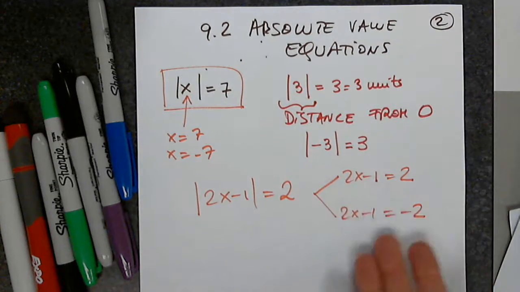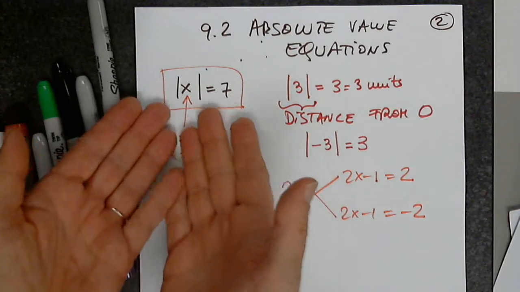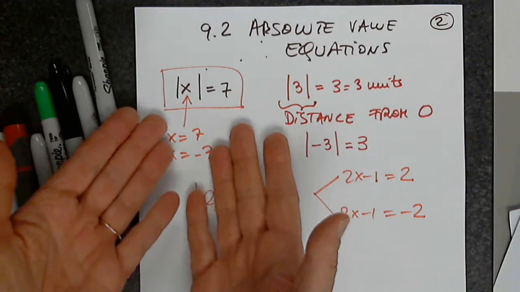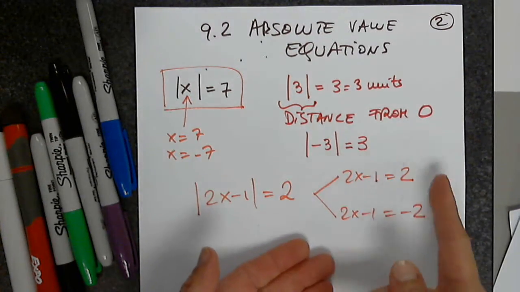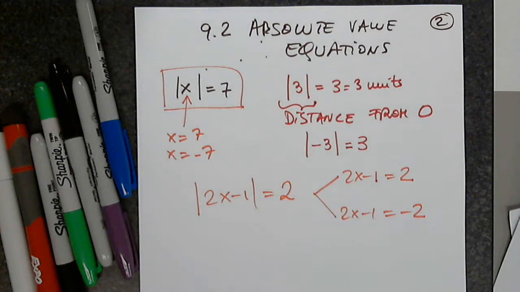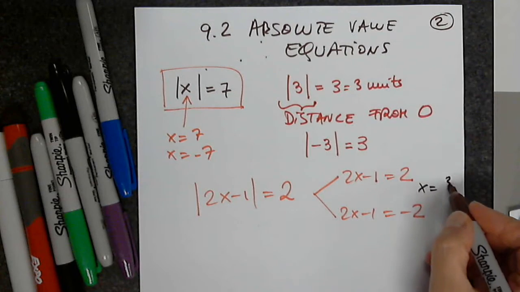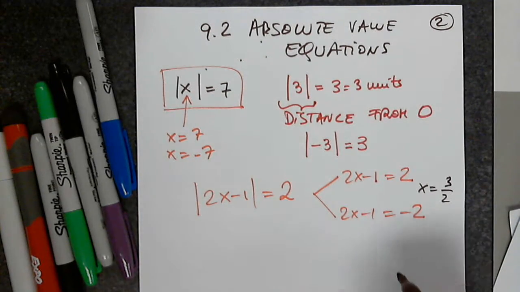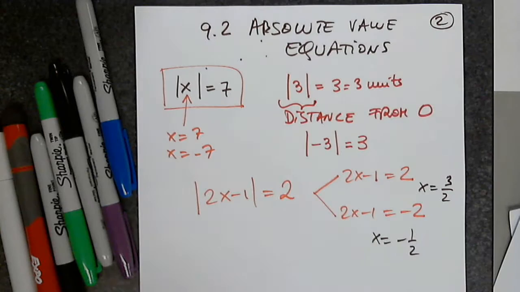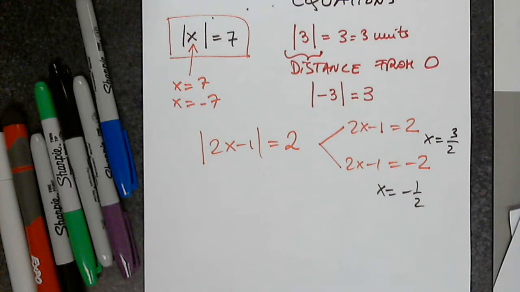As you notice, this is not done. Here it was, because it was one of the simplest possible absolute value equations, but here it is not done. I have to move 1 and divide by 2 in both cases. So when I move 1 and divide by 2, I get x equals 3/2. In the other case, I get x equals -1/2. Any questions?